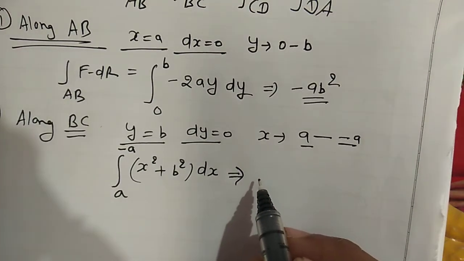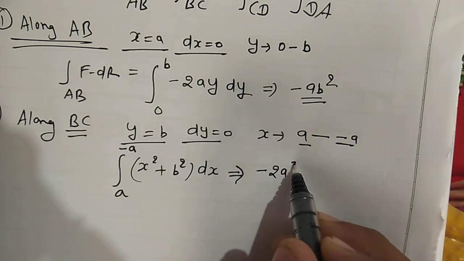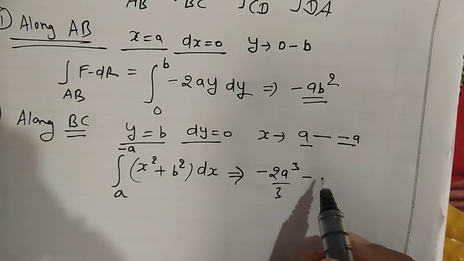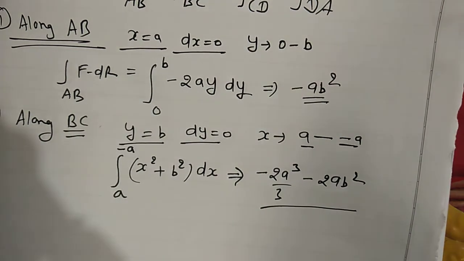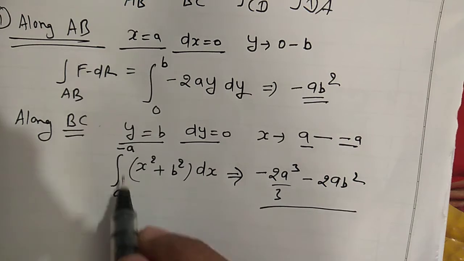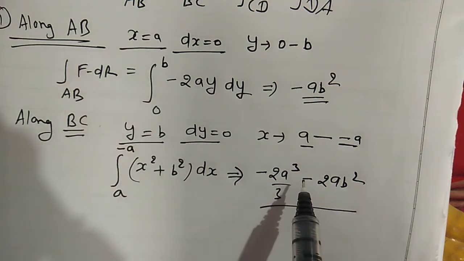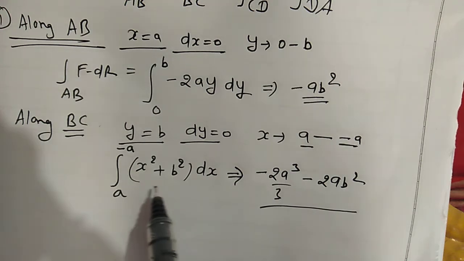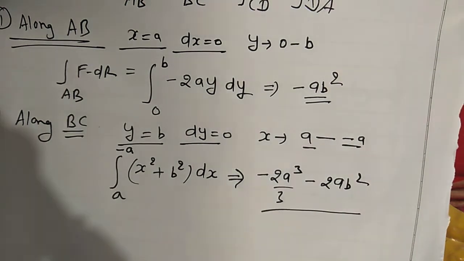So this integral if you solve, we get minus 2a cube by 3 minus 2ab square. This is a simple line integral from a to minus a of x square plus b square. So here y equal to b, so the dy part will be 0 and the dx part will have x square plus y square with y equal to b. So this is the second integral.